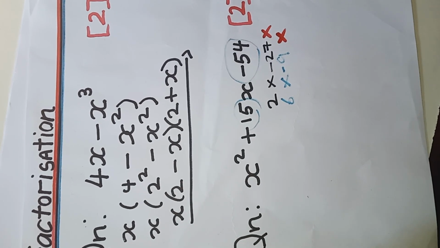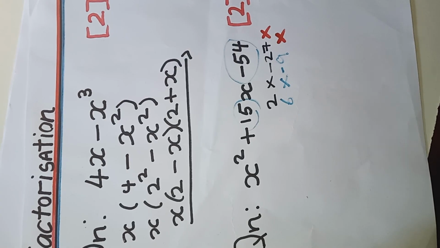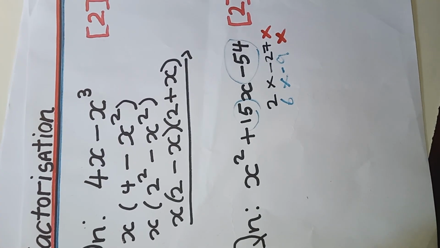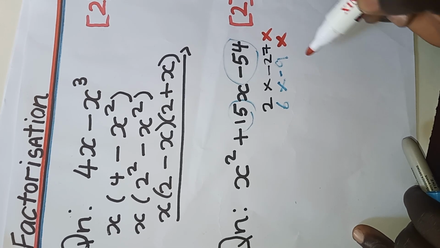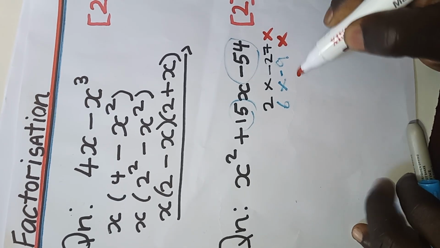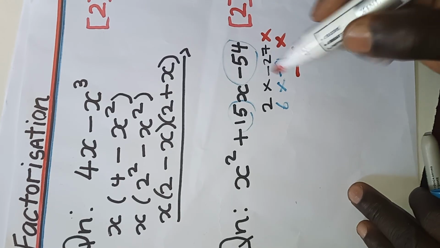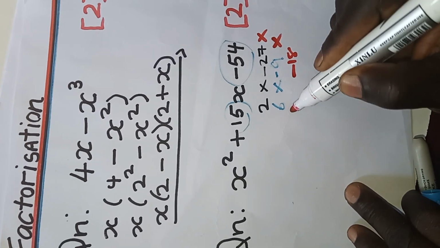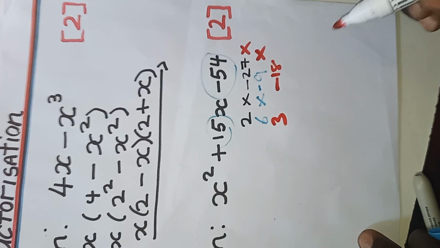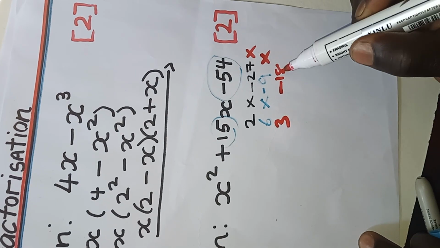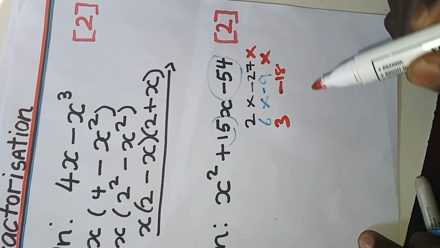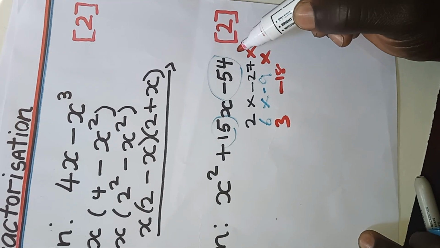Now we look for another set of numbers again. Let's use an 18, which is minus 18, multiplied by a 3. Now, if you take this 3 multiplied by 18, you see it gives you minus 54.